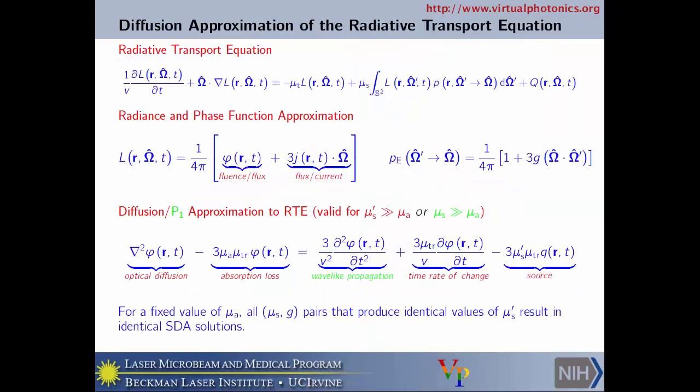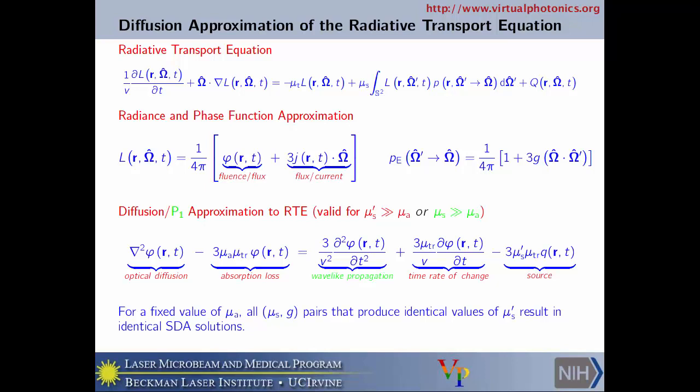Okay, so let's see how we can analyze these things mathematically. I won't go through this slide in detail. We saw this yesterday: we started with the radiative transport equation and introduced this very simple 2-term approximation for the angular distribution of the radiance, the single scattering phase function, and the source term, in terms of an isotropic term plus a cosine theta term, the first 2 Legendre polynomials. You can put that into the radiative transport equation.